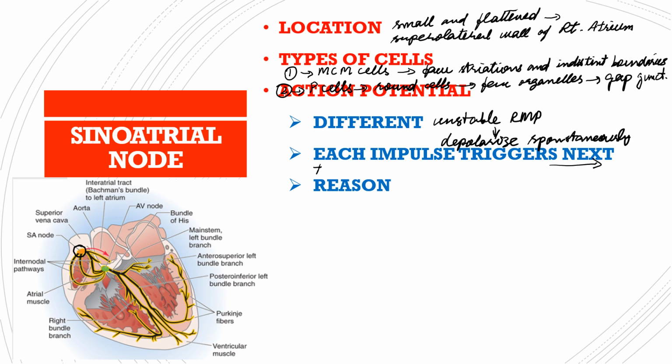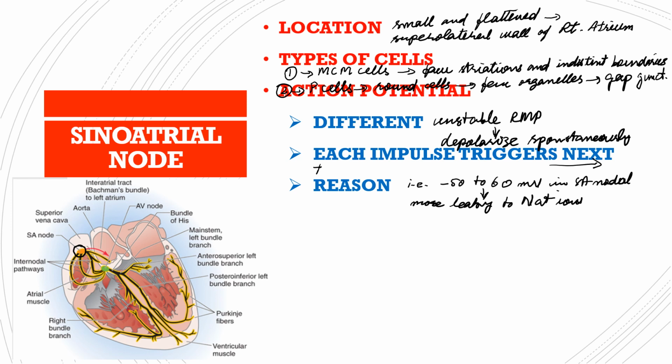The reason of this unstable resting membrane potential, that is minus 50 to minus 60 millivolts in SA-nodal cells, is that these cells are more leaky to sodium ions as compared to other cells.